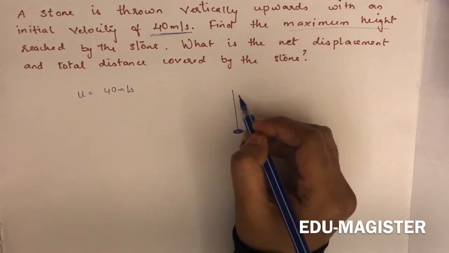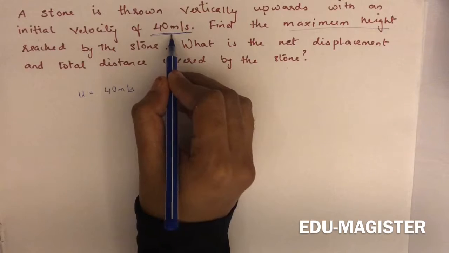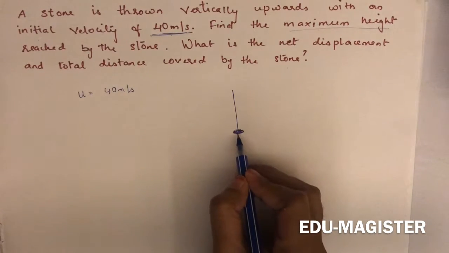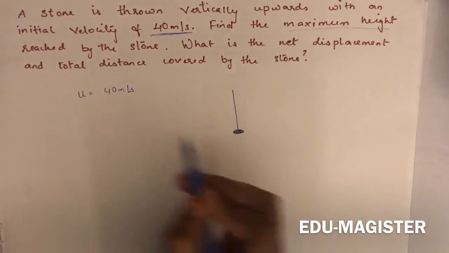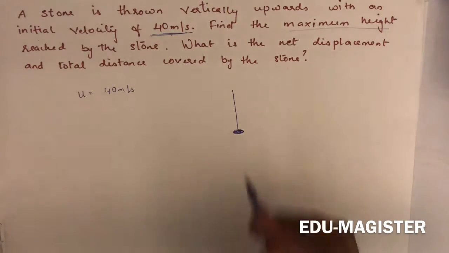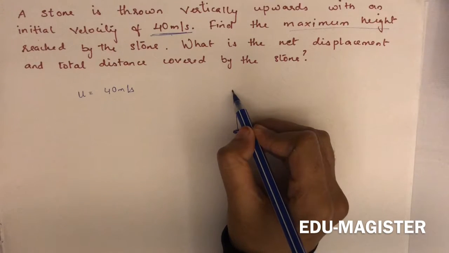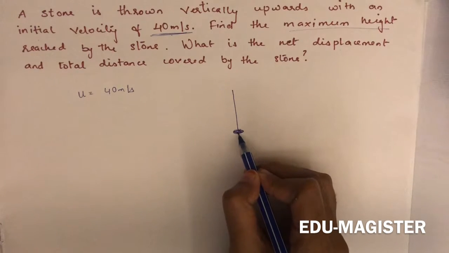So initially the velocity of the stone is 40 meters per second, and then after it reaches a particular height, it will fall back, right?